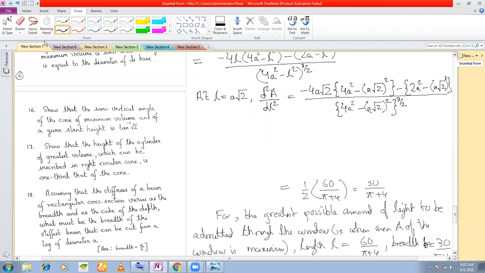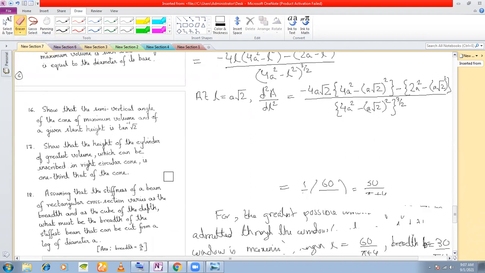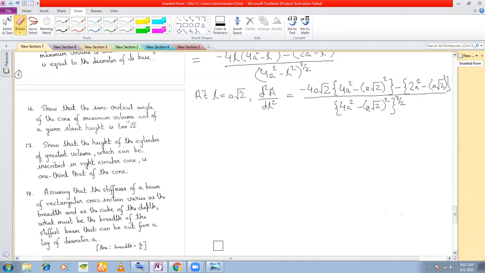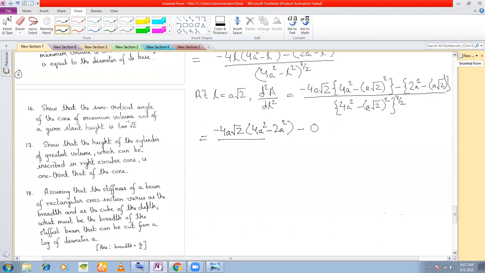So what you get here is minus 4a root 2 times (4a square minus 2a square), and minus this becomes 0, 2a square minus 2a square. And in the denominator, you will get (4a square minus 2a square) to the power of 3 by 2.